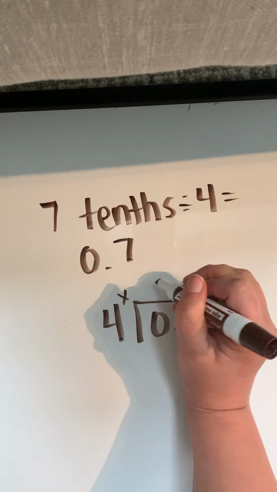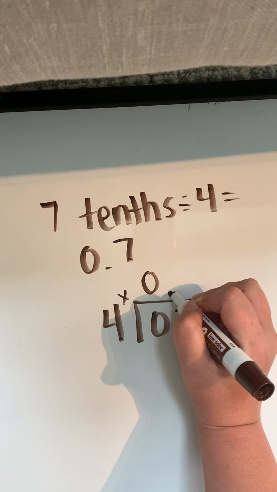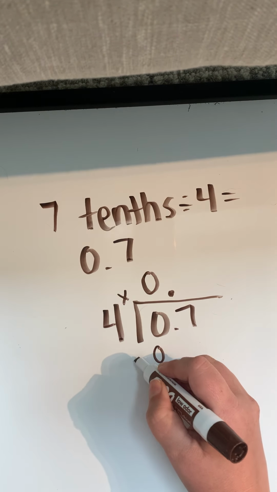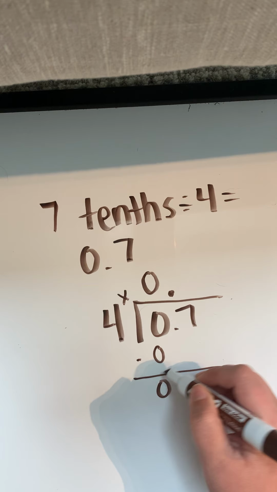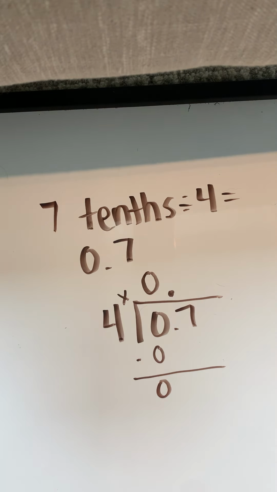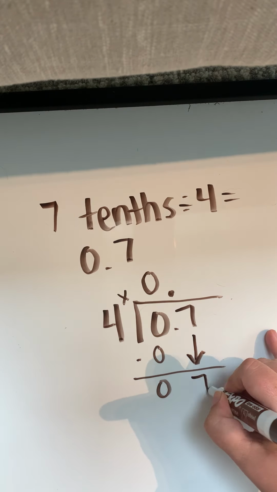Nothing, right? So we're going to put a 0 here, and I'm going to take my decimal and put it on top of my house. 4 times 0 is 0, so I'm going to subtract. Remember, do I bring my decimal down, Madison? No, I don't. I'm just going to bring down my 7.